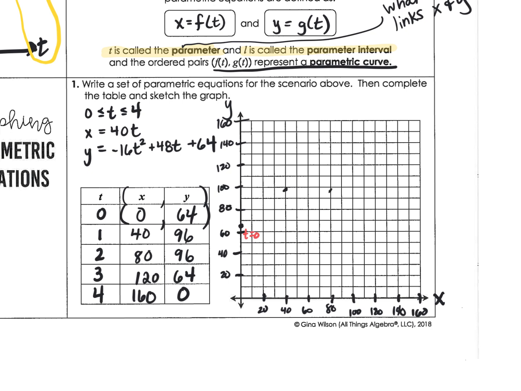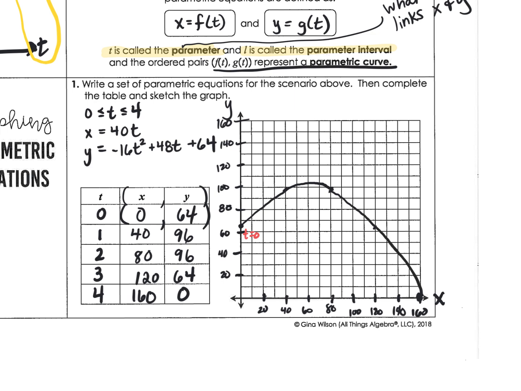So it's about here. So somewhere in between there it went up, didn't it? And hit its peak. 120, 64. And then 160, 0. So do you see what's happening here? It's going to go up and back down again, isn't it?